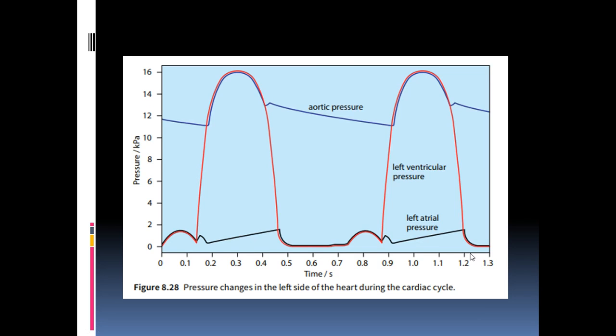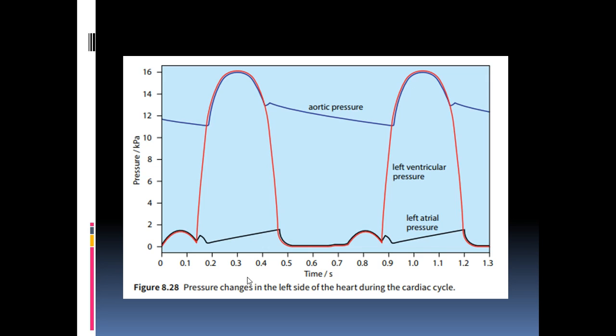Okay, so next we have figure 8.28, which is a graph that shows pressure changes in the left side of the heart during the cardiac cycle. I would like you guys to try your best to really understand what each line in the graph means, because questions related to this graph have come up in past years so many times, right?